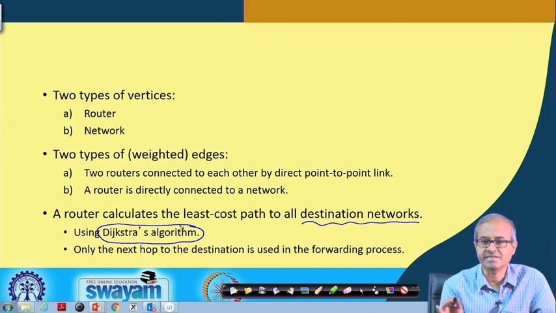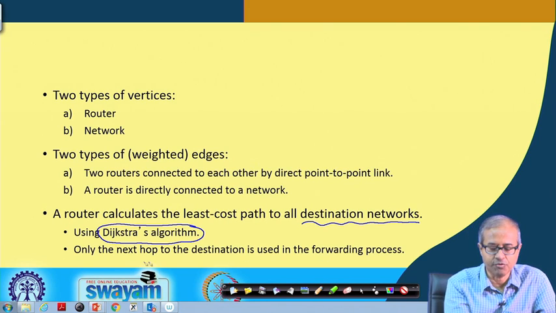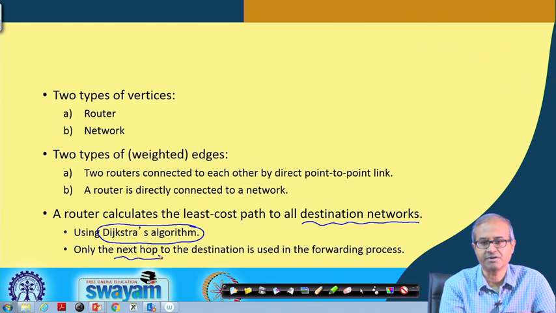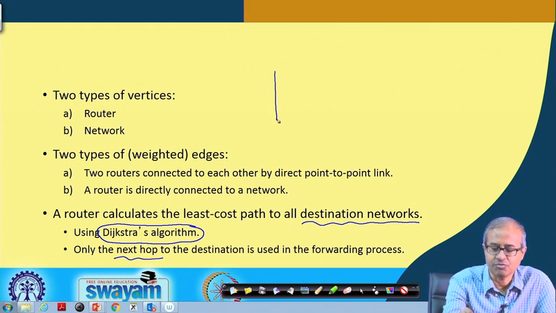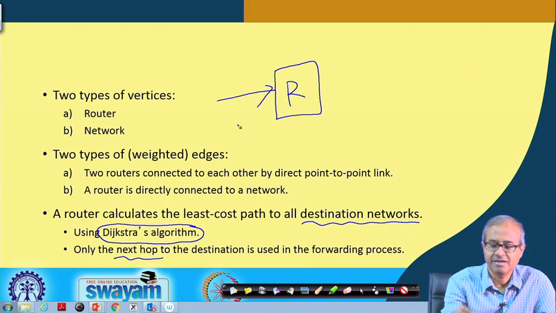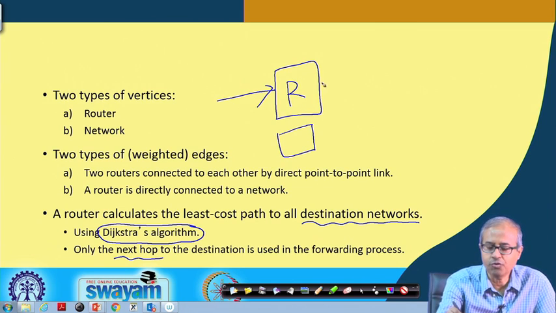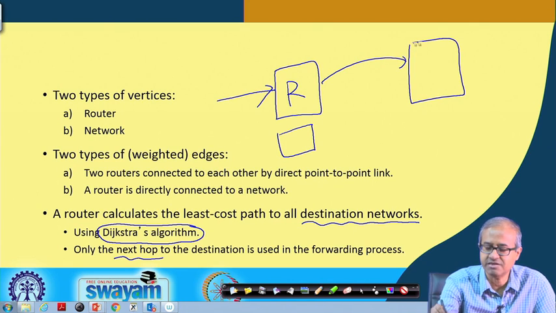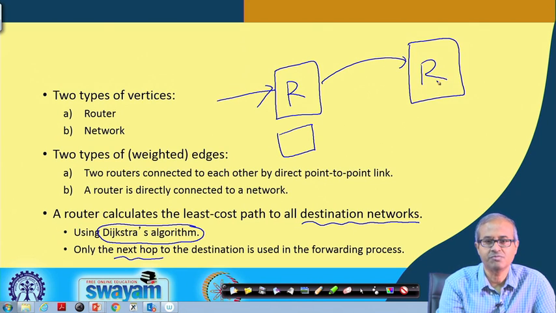And once this is done, the routing tables are updated. During the packet forwarding, only the next hop information is stored in a router. Suppose I am a router and I have received an incoming packet. My routing table will only tell that where to forward it next, which is the next router I have to send it to.